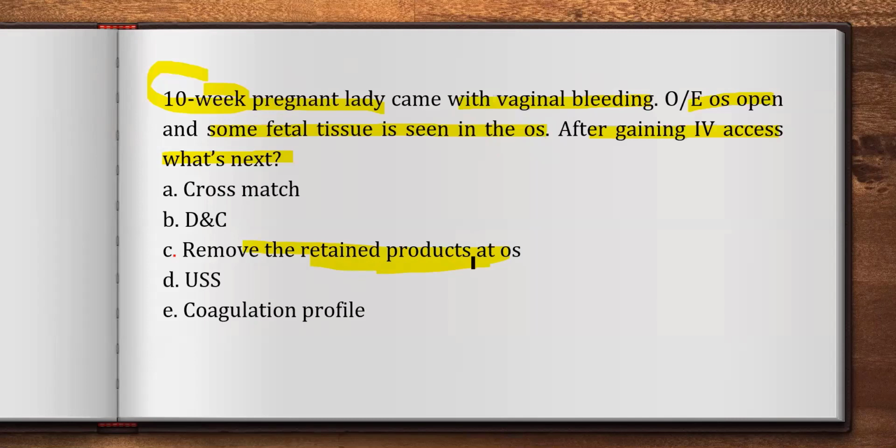It's not mainly due to the bleeding; it's cervical shock, because this fetal tissue in the os causes it, and unless you remove it, nothing is going to happen. So the very important thing is to remove the retained product at the os, the first thing you do after gaining IV access.